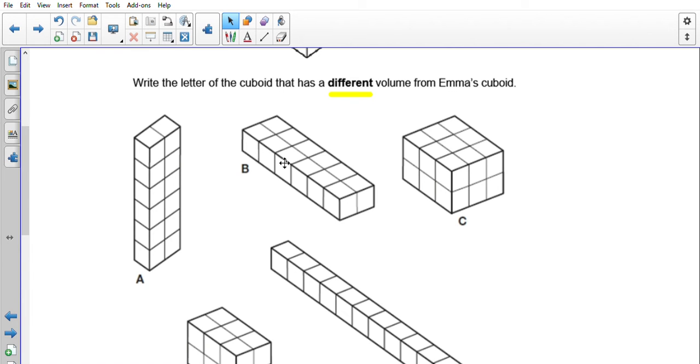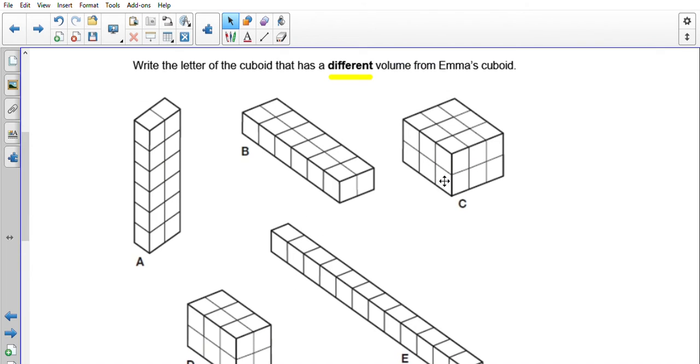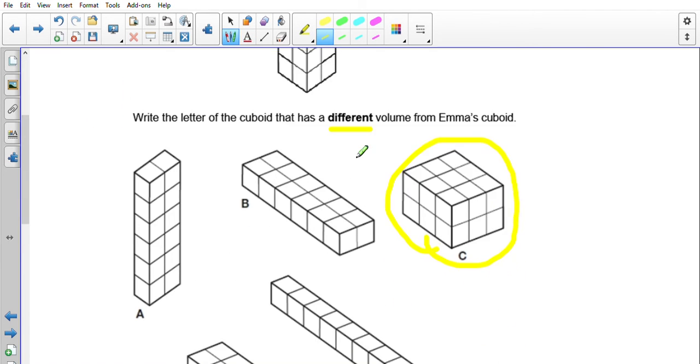Okay, so that has the same volume. C is 1, 2, 3 by 1, 2, 3 by 1, 2. So it's 3 times 3, 9 times 2, 18. So C here has a volume of 18 cubes. Okay, and that is different to Emma's. So that's the one we think it is.